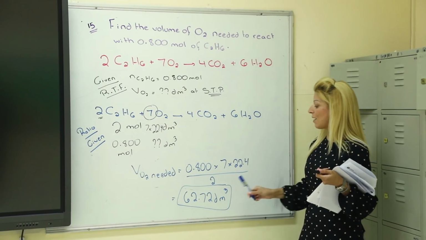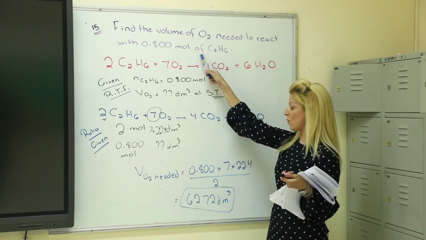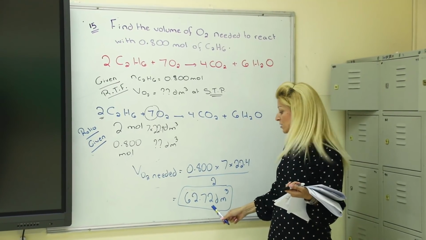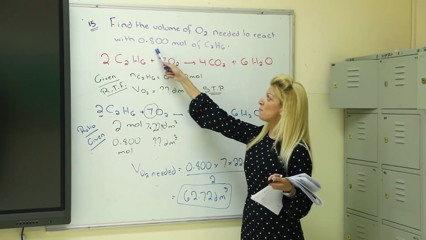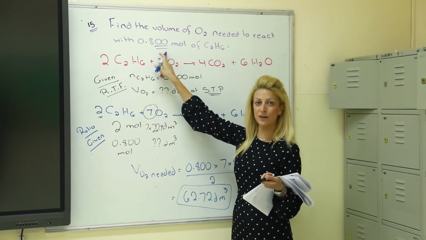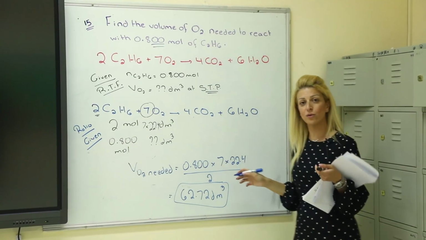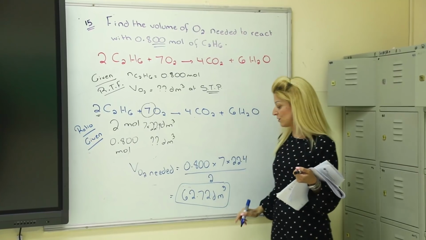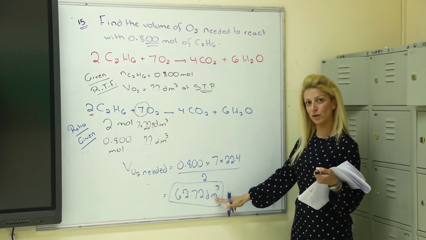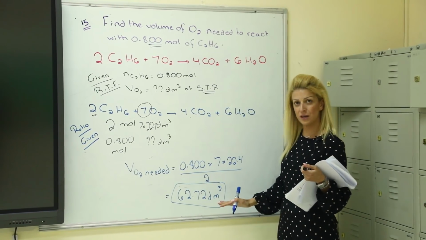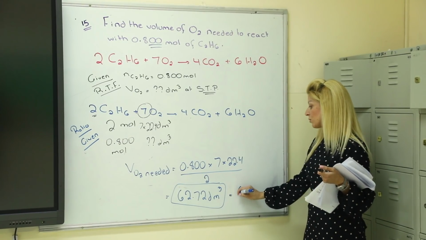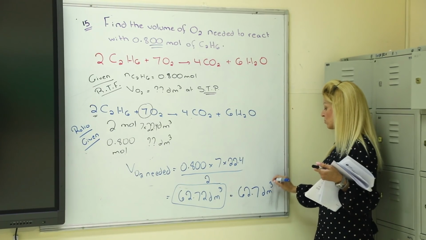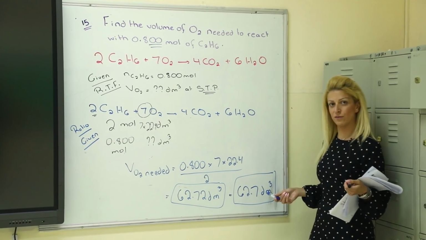We need to look at the given to check whether we reported our answer to the correct number of significant figures. In the given, the number of significant figures is 3 because zeros to the left don't count. So our final answer should be 3 significant figures. In this form, it is 4, so we have to round to 3. So our final answer will be 62.7 decimeter cubed, which is 3 significant figures.